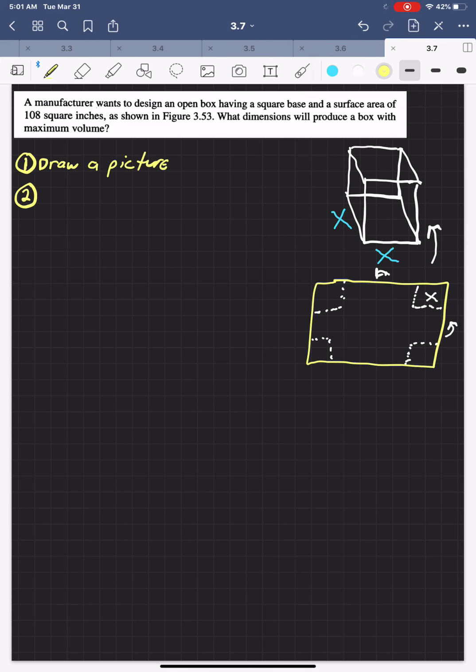But step 2, and let me be honest, the hardest step, is to find 2 equations or formulas that relate to the problem.